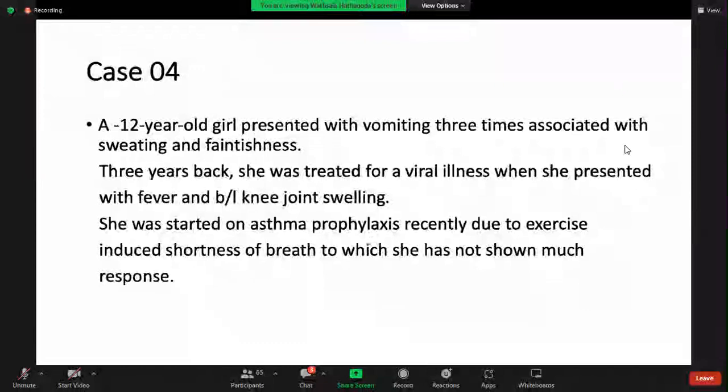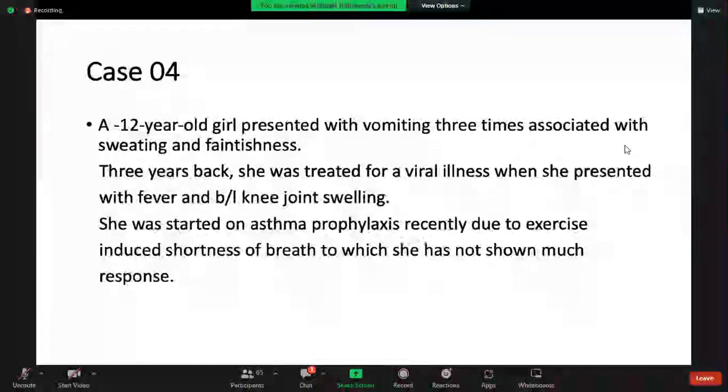So what happened was this rheumatic fever was missed during that admission, and now she's coming with a complication because whoever has managed this child has missed that, right? So this is a clue. I know this is not a typical presentation. So they will tell you, okay, had joint swelling.